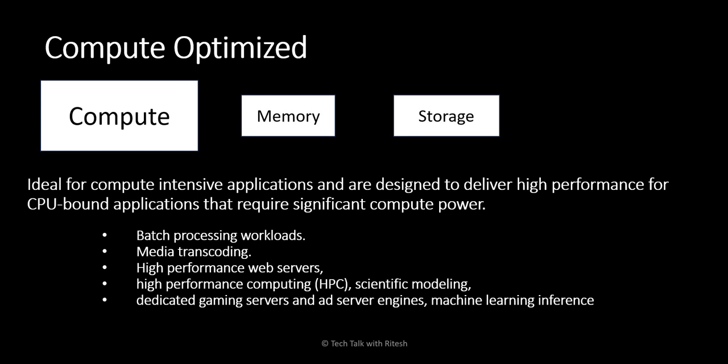For example, we want to do batch processing, media transcoding, or a high performance web server, wherever we need more computation. For example, lots of users are coming to your web application. It is a gaming server or maybe a web application. There we need more computation, so then we should go for the compute optimized one.